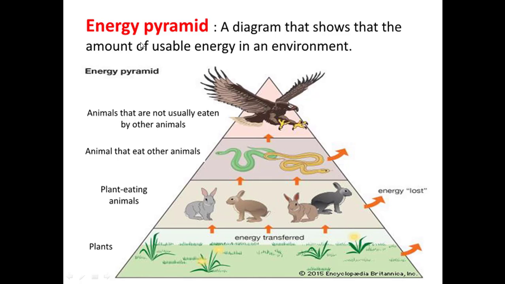Okay, so this one is plants, and here plant-eating animals and animals that eat other animals, and at the top, animals that are not usually eaten by other animals. So energy pyramid, a diagram that shows the amount of usable energy in an environment.